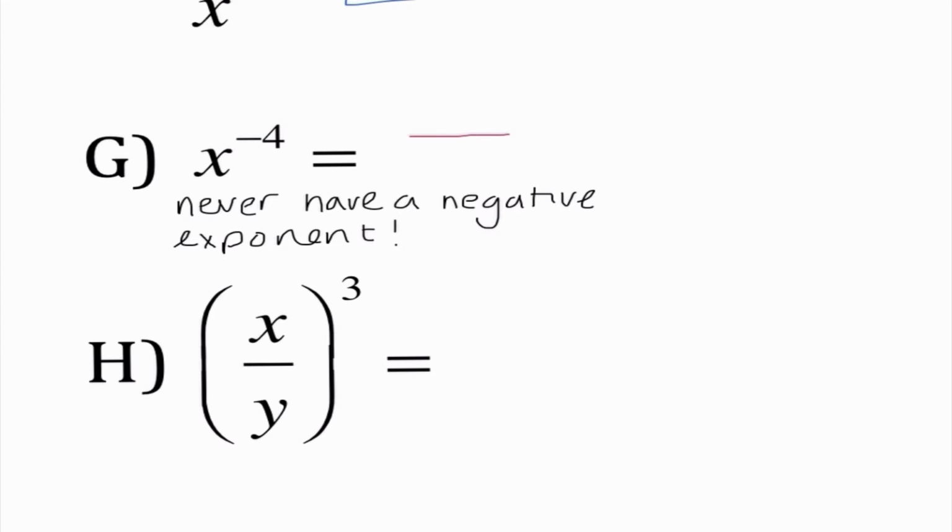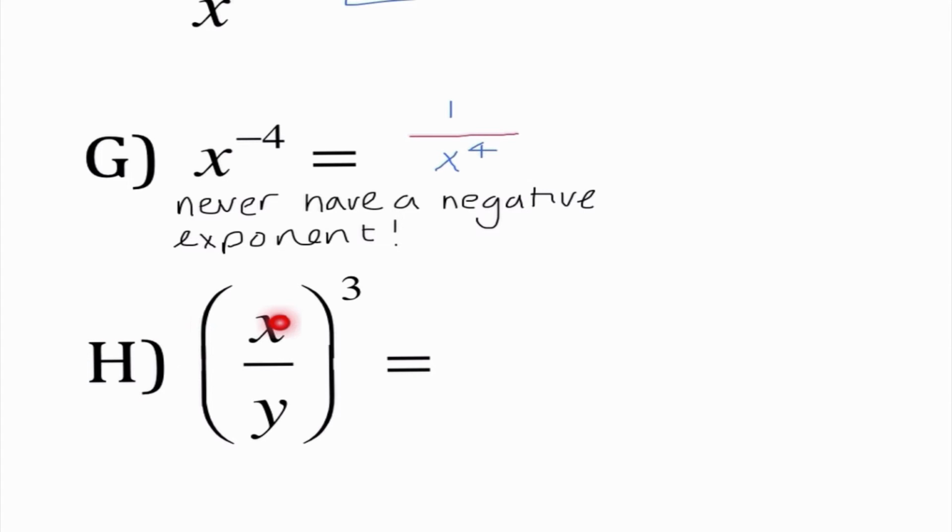Right now it doesn't really look like we have a fraction because it's like this over 1. So this is actually in the numerator. If I want to make it a positive exponent, I need to bring it down into the denominator. So x to the negative 4th is actually equal to 1 over x to the 4th. And that's a big one that we need to always keep our exponents positive.